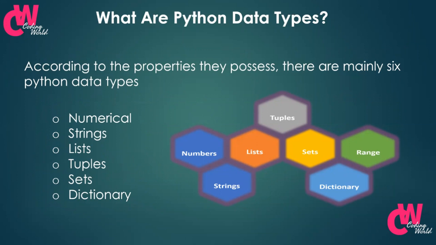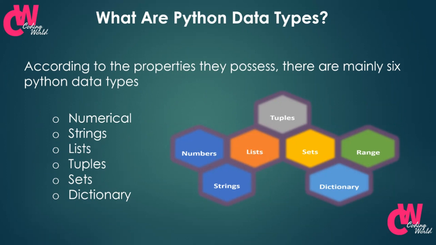For example, if we have data of student names, the student names are in text, for example Khan, Ali, and something like that. If we have data of marks, the data is in numbers. So Python has some data types according to the properties they possess.